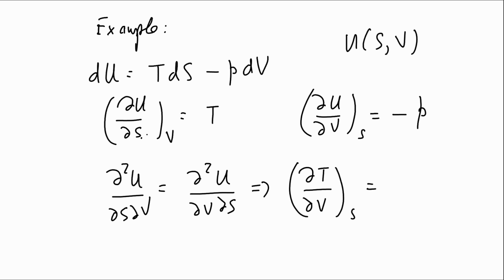That's going to be equal to taking this thing and taking the derivative with s and holding v constant. So I've got minus dP/ds at constant v, minus. Let me clean that minus up because I want to draw attention to it.